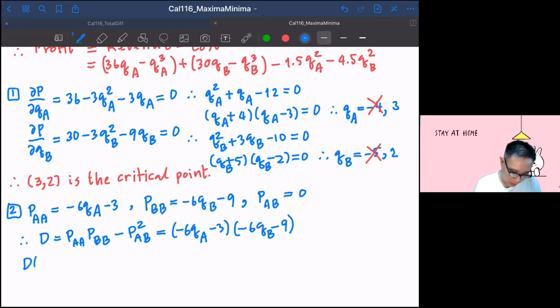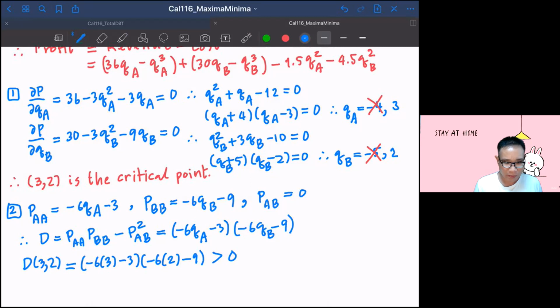So D at (3, 2) will be negative 6 times 3 minus 3 multiplied by negative 6 times 2 minus 9. And you see that this is positive. I don't care about the number. I know that negative times negative is going to be positive.